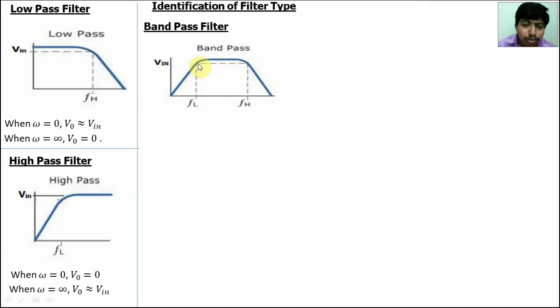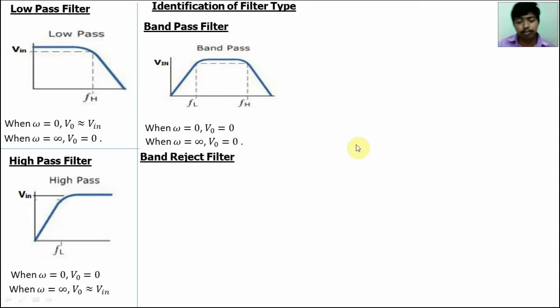If the input frequency is less than this band or higher than this band, it stops. So it means when omega is equal to 0, the output is equal to 0. When omega is equal to infinity, V naught is equal to 0. If the circuit gives V naught equal to 0 when omega is equal to 0, and V naught equal to 0 when omega is equal to infinity, definitely the circuit will be a band pass filter.